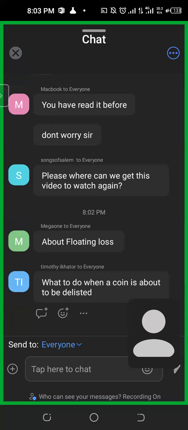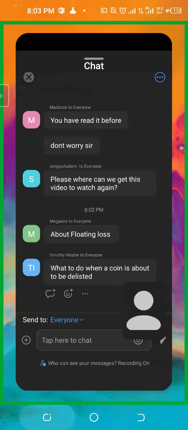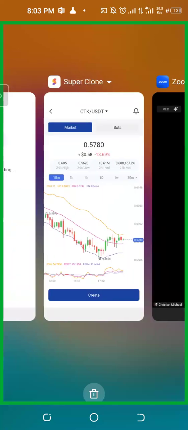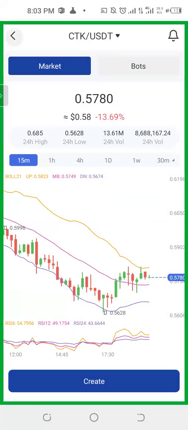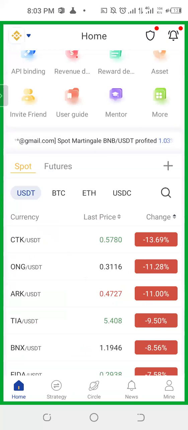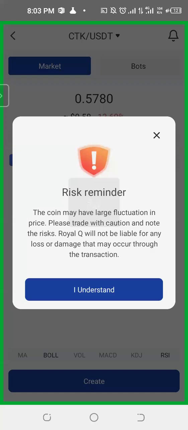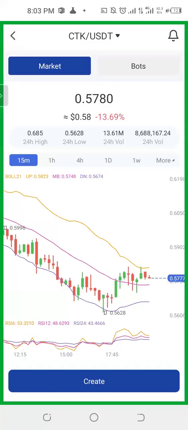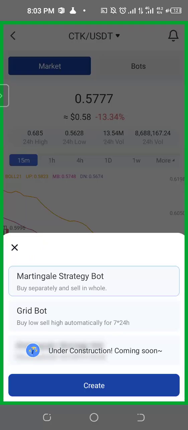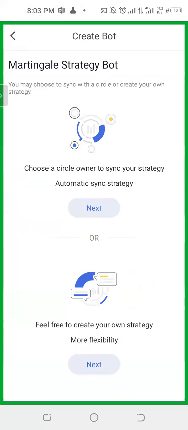What do we do when a coin is about to be delisted? If you are observant, RoyalQ has already put something. I used to send this update in the group. We don't read. I've sent this in the group, an update from the developer of RoyalQ, that they have integrated a feature on your bot.